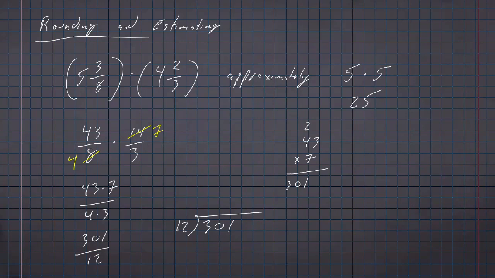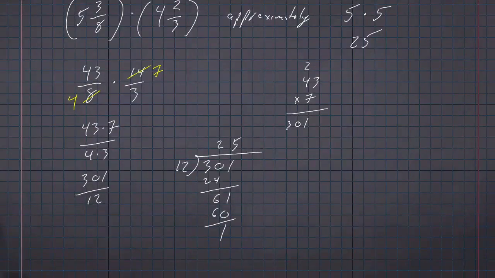And to rewrite that as a mixed number, I'd perform the long division. 12 goes into 30 twice. 2 times 12 is 24. Subtract that off, you get 6. Drop down the next thing, which is a 1. 12 goes into 61 5 times. 5 times 12 is 60. Subtract that off, and we get a remainder of 1. So the whole part is 25.